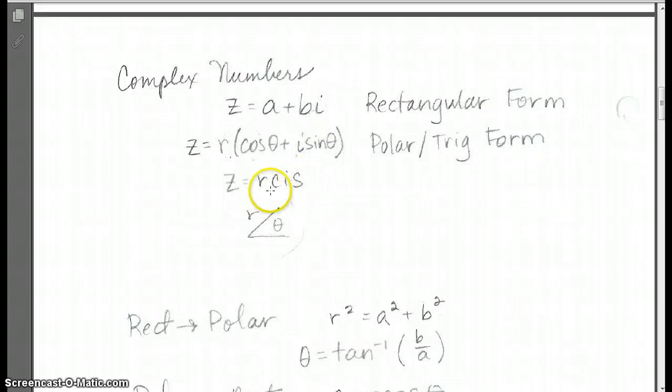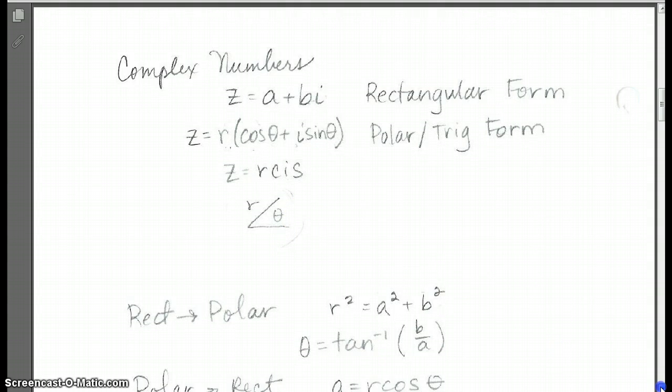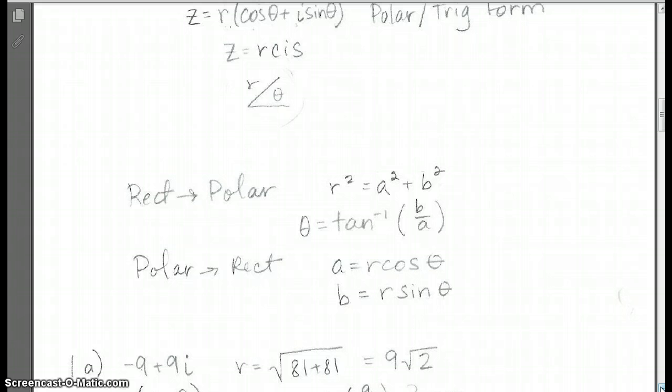Sometimes it's written as r cis theta, and in some of your engineering and upper math classes, you'll see it written as r and the angle symbol with theta, and this means that we want the complex number in its trig form. So again, you're going to rely on the relationship between rectangular and polar, and instead of x, y, notice that things have switched to a, b, and again here with inverse tangent.